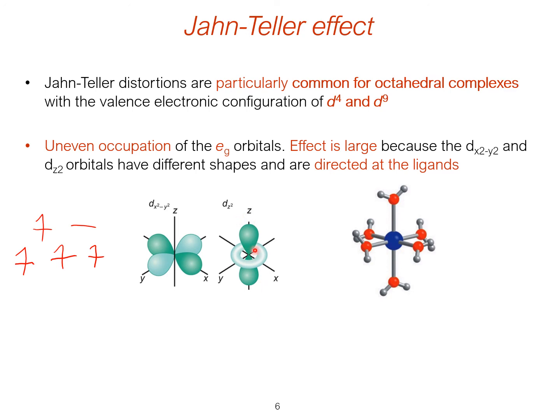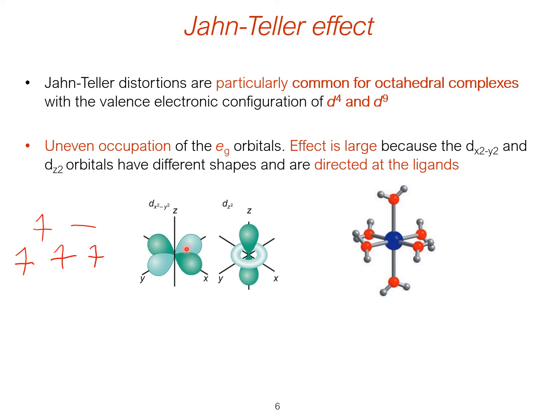So this one becomes slightly lower in energy compared to the x² minus y², which has the shorter bonds and again ligands coming directly at it. So that's why a distortion like this tetragonal distortion along the z-axis makes all of the z component orbitals slightly lower in energy, and that's why we get this distortion.